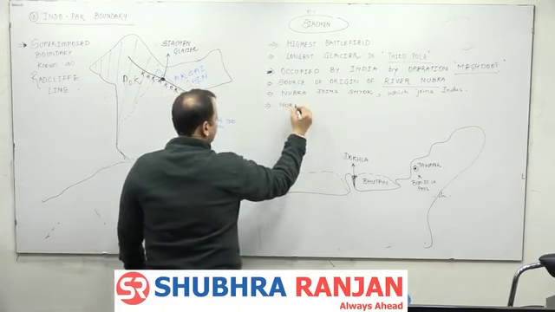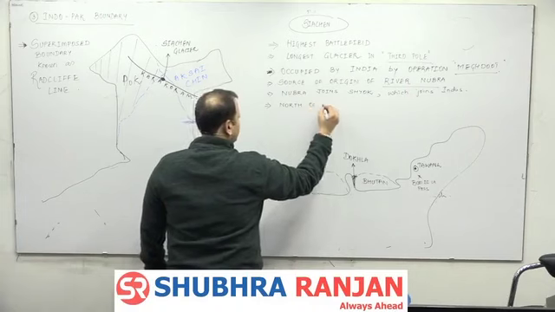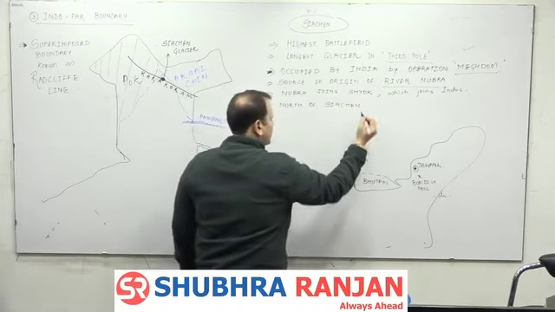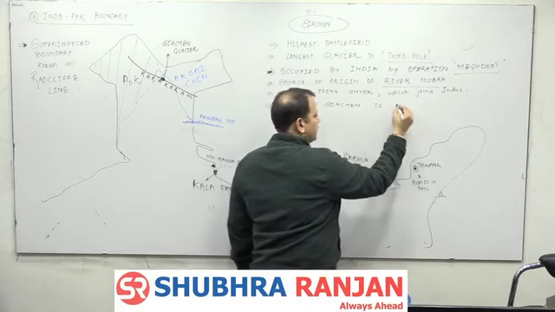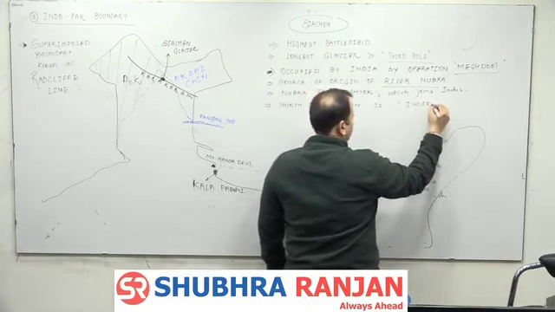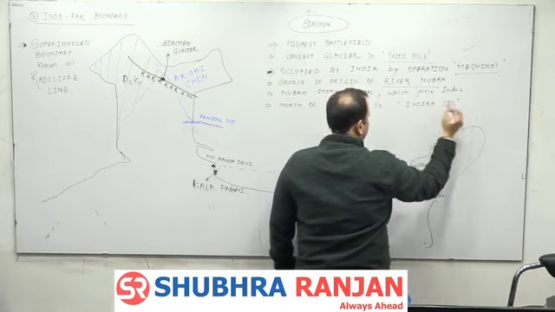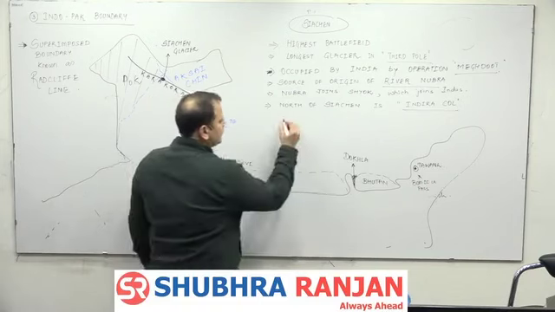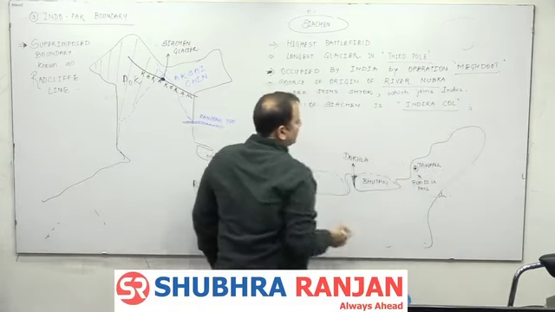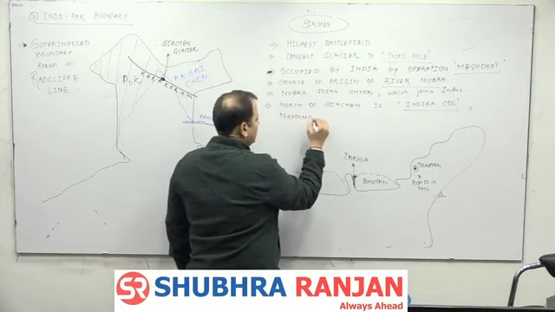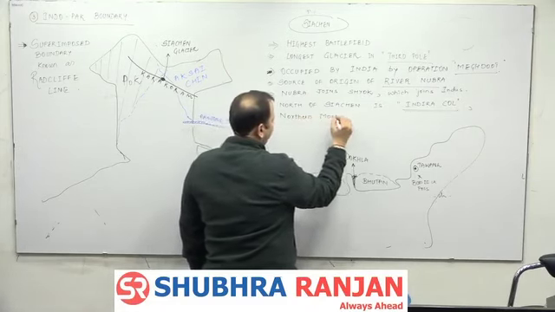North of Siachen is Indira Col. It is the northernmost point of India.